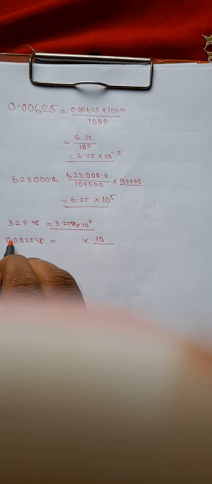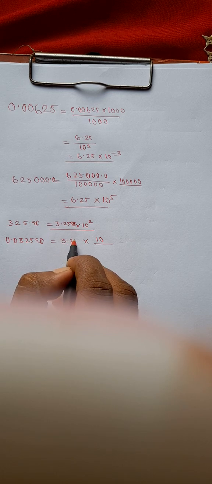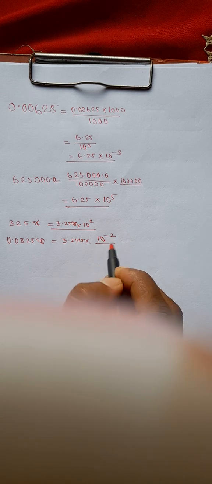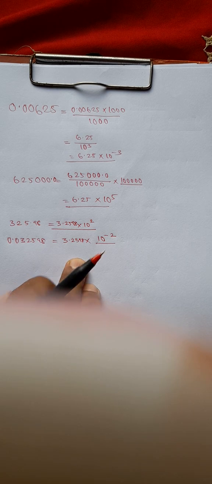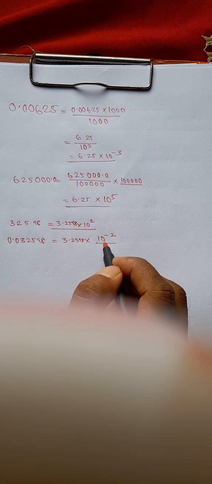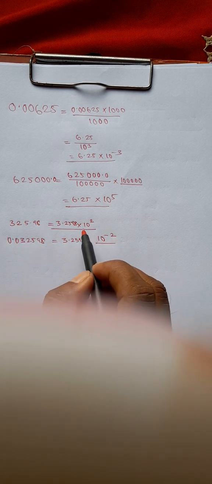By how many places do you have to shift the decimal? 2 places. 3.2598, 10 to the power minus 2. When you shift the decimal to the right side, it is 10 to the power negative integer. When you are shifting the decimal to the left side, it is 10 to the power positive integer.